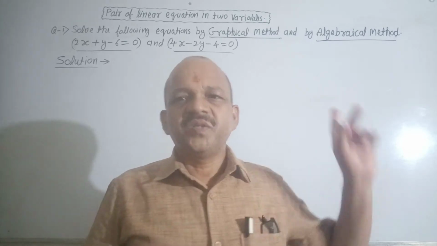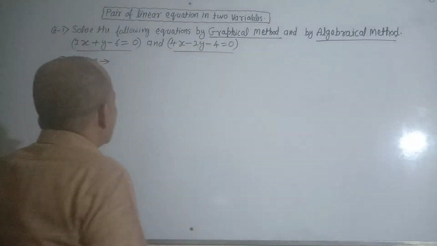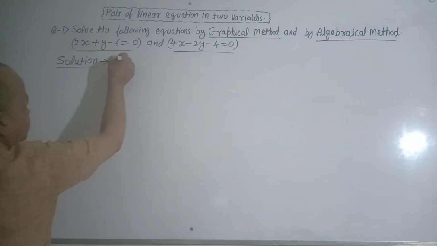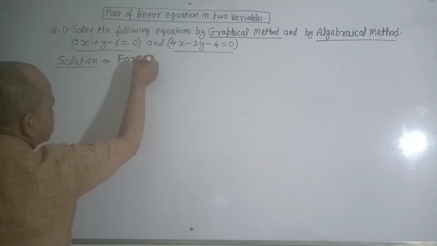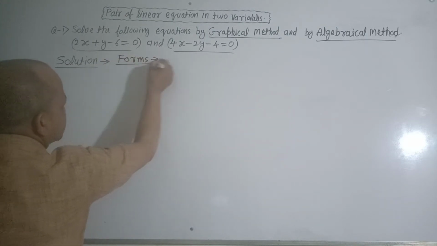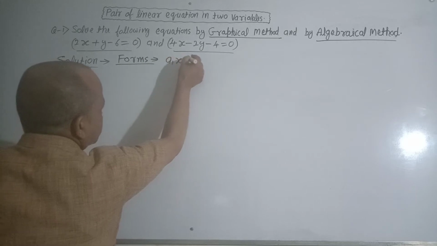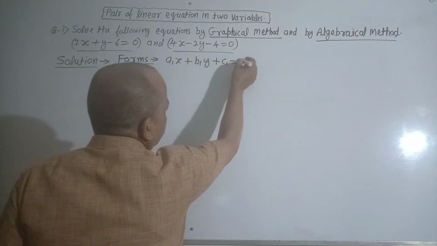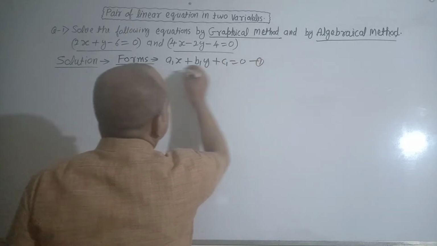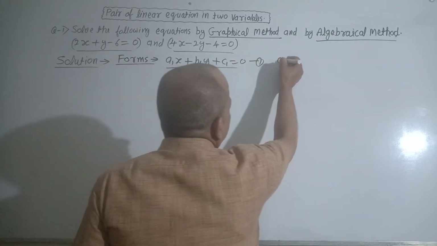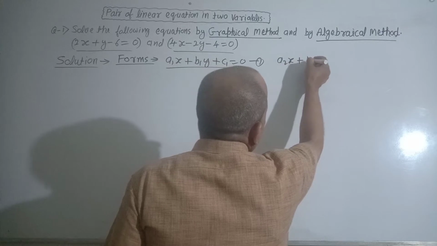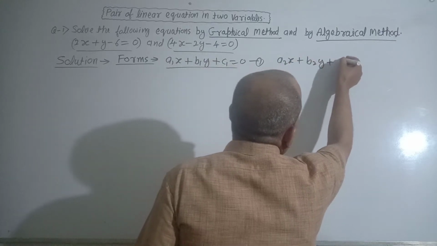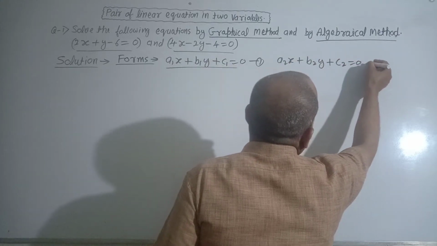Very good. See the word form: a1x plus b1y plus c1 equal to 0, a2x plus b2y plus c2 equal to 0.